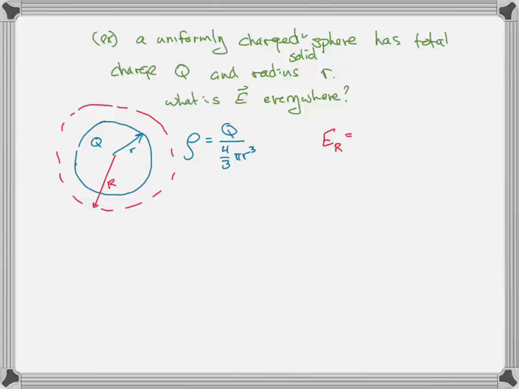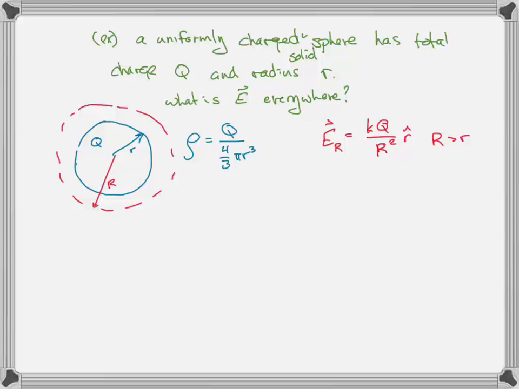A sphere of charge is treated the same as a point charge, or we could do Gauss's law, and you find that the electric field outside of the sphere, for little r greater than big R, is in the radial direction, kQ over r squared. Simple. What about inside the sphere?